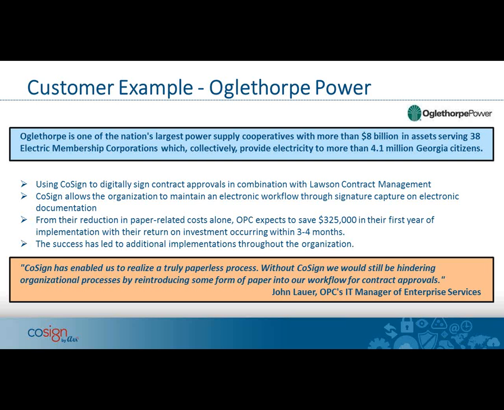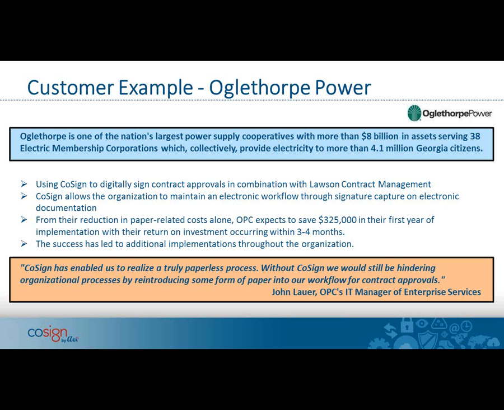As a result of that implementation, Cosign saved them $325,000 on their paper-based cost alone in the first year of implementation, and the return on investment in purchasing the system was achieved in 3 to 4 months. So again, the success of this pilot project within Oglethorpe led to the expansion and adoption of Cosign within other departments throughout the organization.